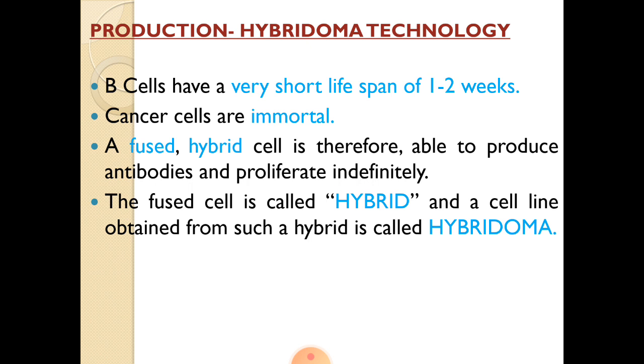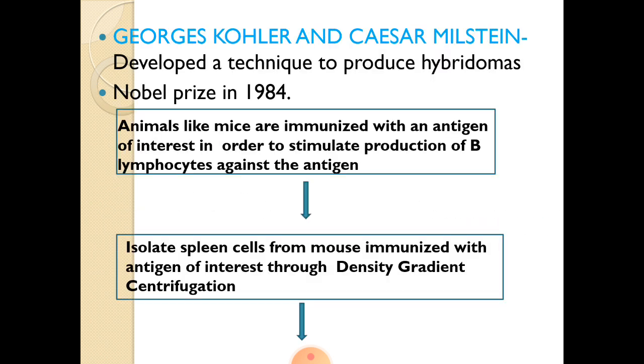The fused cell is called hybrid, and a cell line obtained from such a hybrid is called hybridoma. George Kohler and Cesar Milstein developed a technique to produce hybridomas, for which they were awarded the Nobel Prize in 1984.